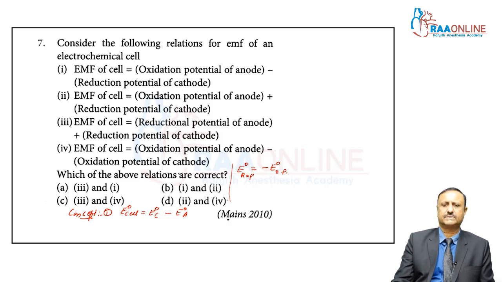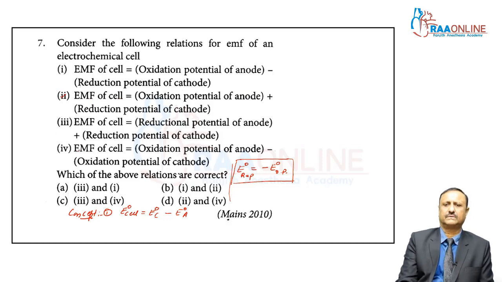So, my dear students, when you see this question and consider the electrochemical cell, you can apply these formulas, and you can use two types of values and formulas to get the EMF of the cell. Now, second: EMF of the cell is the oxidation potential of anode plus the reduction potential of cathode.